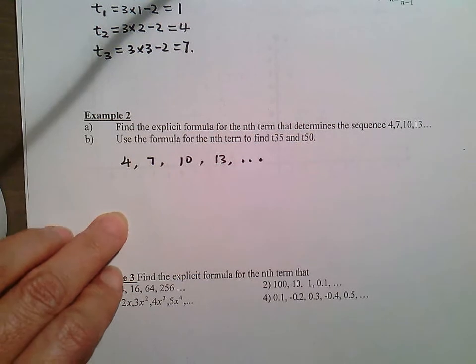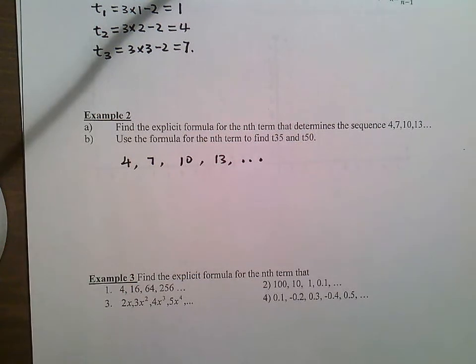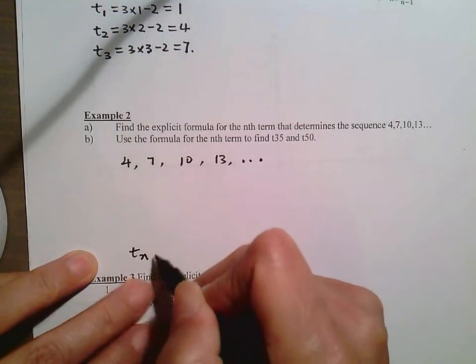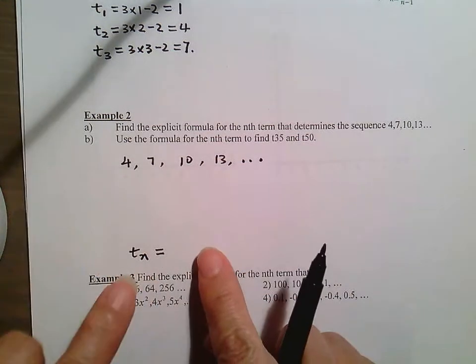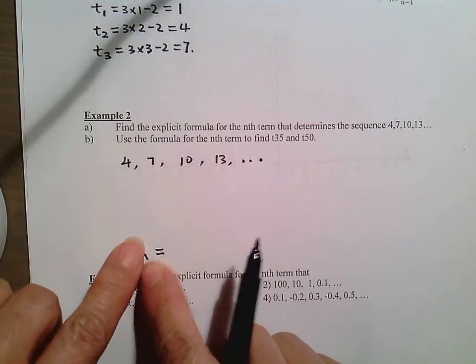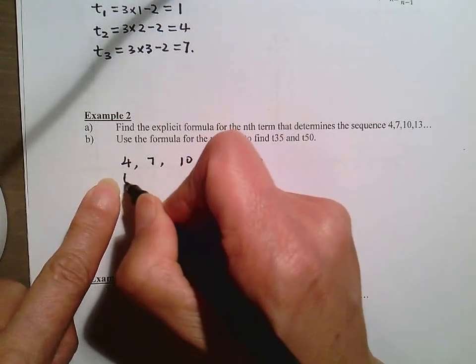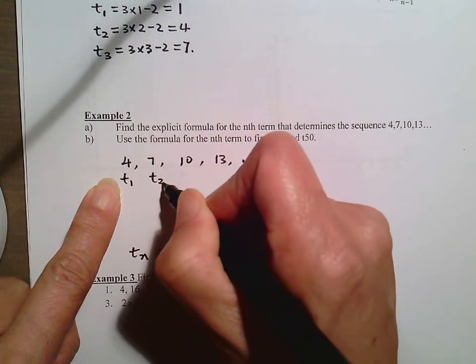It's an infinite sequence. To write out the explicit formula, basically you have to write out the nth term. So it's the relation between the value and the term number n. For example, the first term is 1. Your second term is 7.